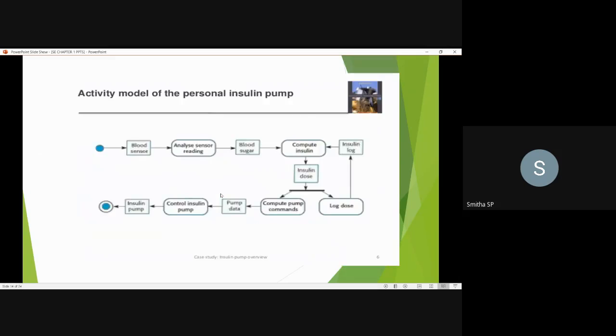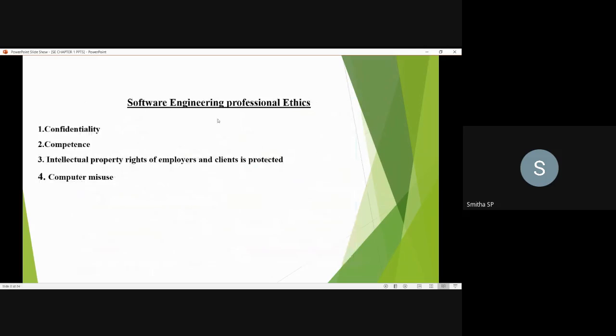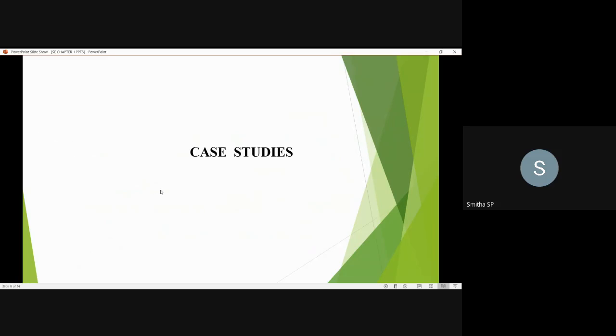So far we have discussed the professional ethics of software engineering, that is confidentiality, competence, intellectual property rights of employers and clients is protected, and computer misuse. Later we discussed case studies.